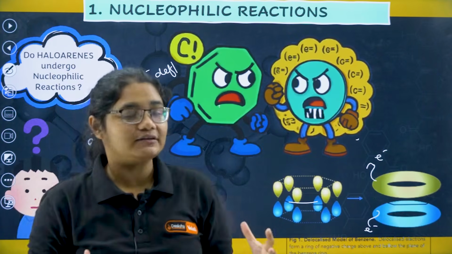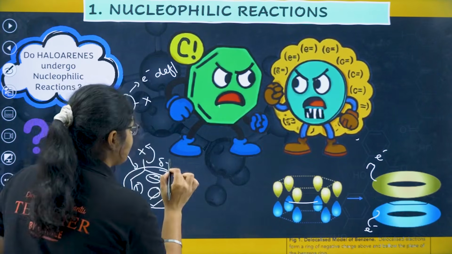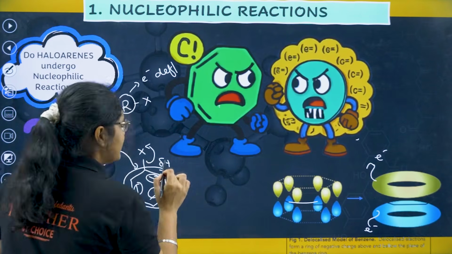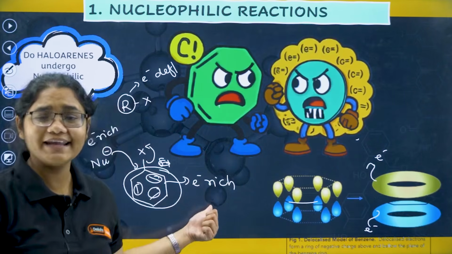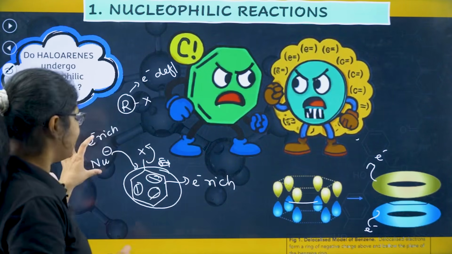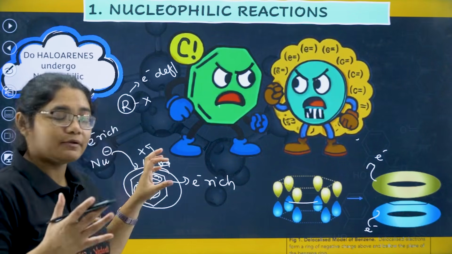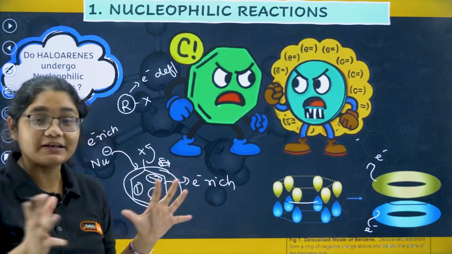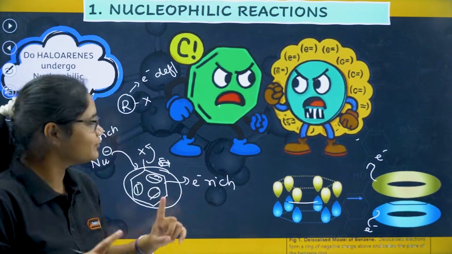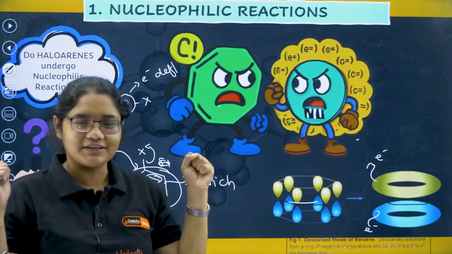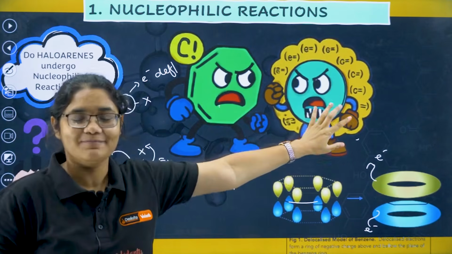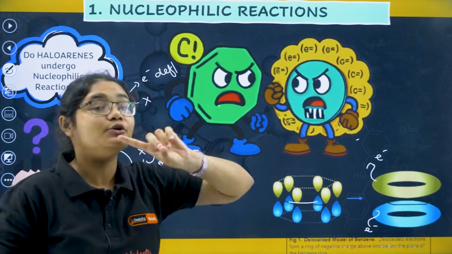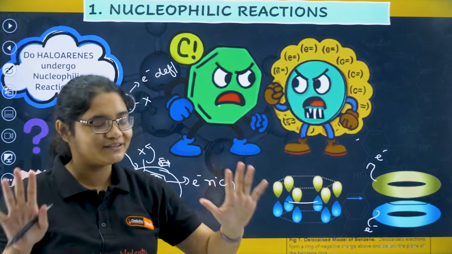So this benzene ring is not delta plus, it is also electron rich. If this is already electron rich, will it attract a nucleophile? No, because both are negative, they will repel each other, right? That is why you can see this repulsion, this fight between chlorobenzene and a nucleophile. So that is why they will not react easily. I hope this is clear.